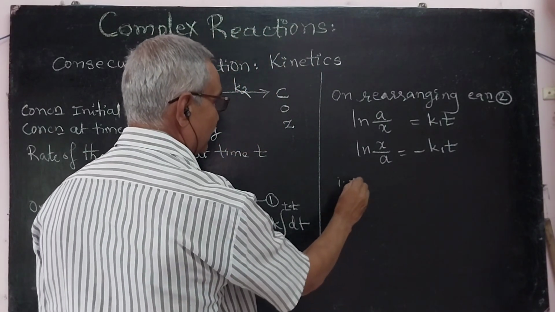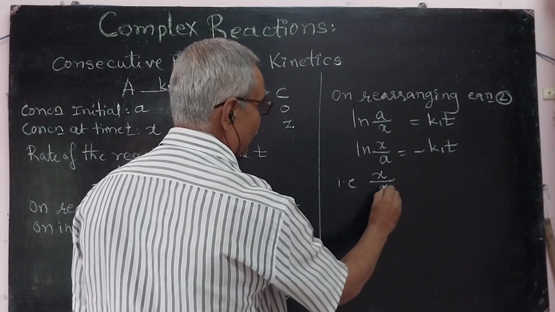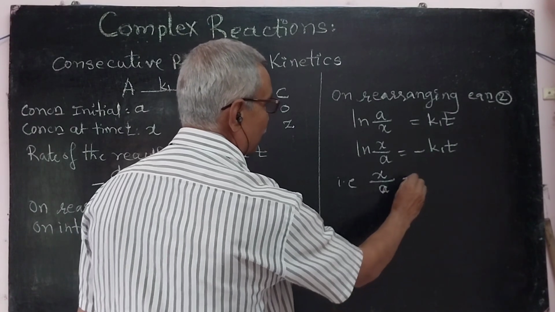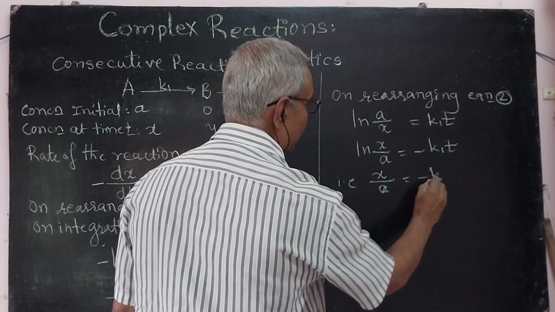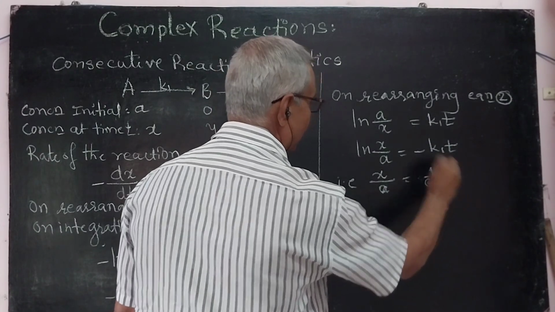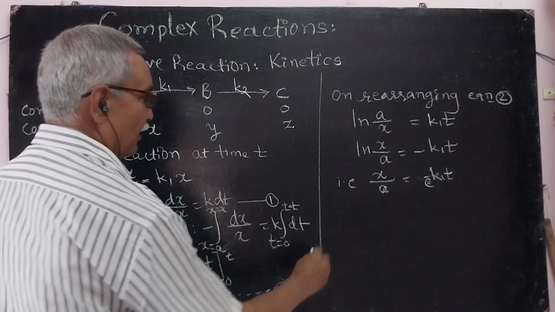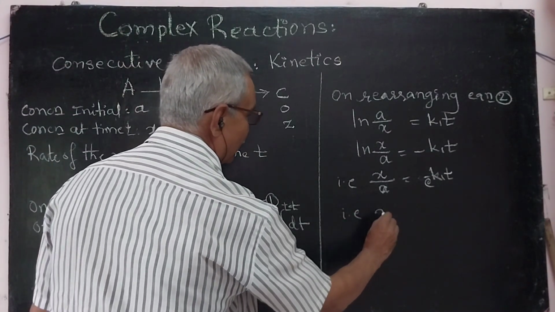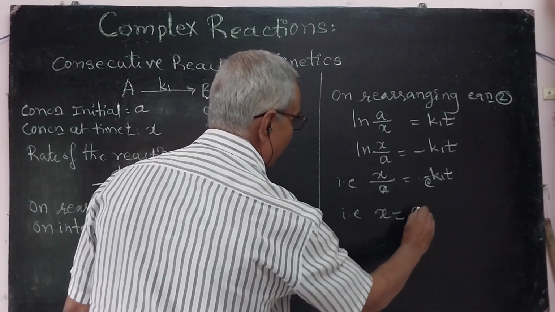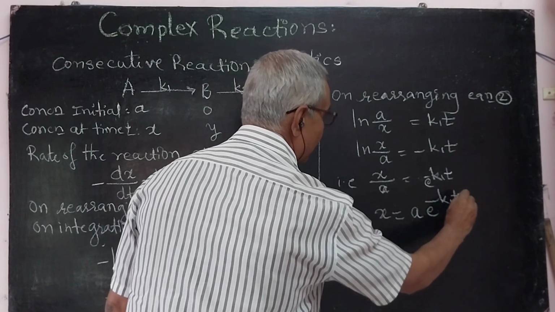Taking the exponent, x divided by a is equal to e raised to minus k1 t, or x is equal to a e raised to minus k1 t.